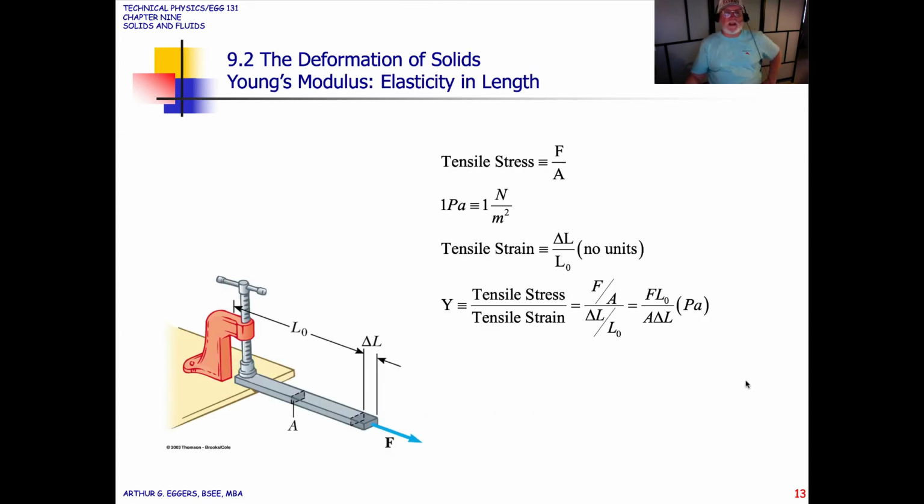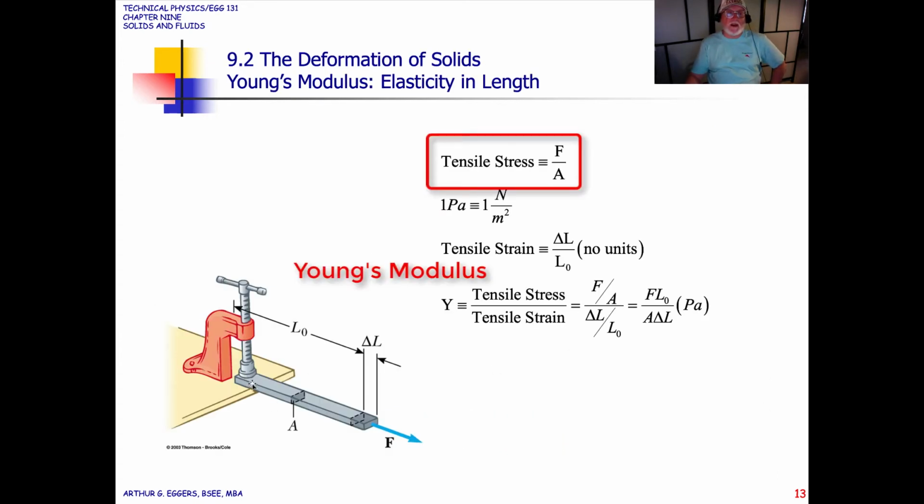So if we look at an example here, we've got a bar of material, and we're going to try to elongate it. We've got some cross-sectional area, we've got some force, and we've got a length and some change in that length, delta L. So we define the tensile stress as the amount of force divided by the cross-sectional area.